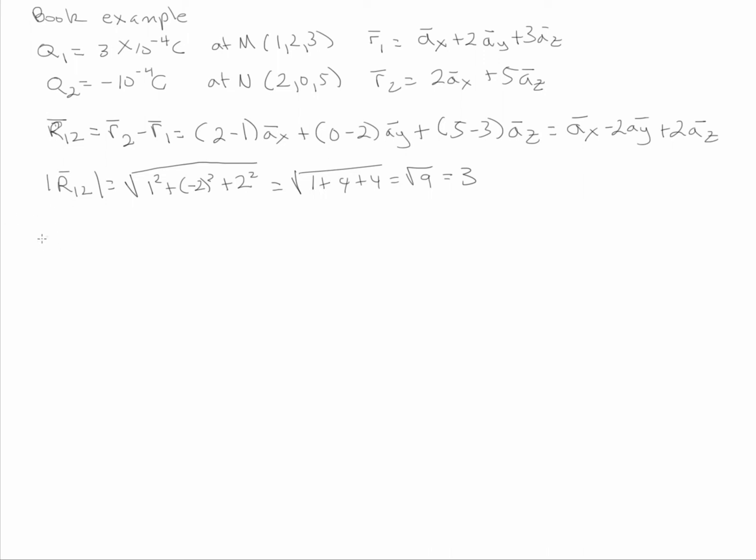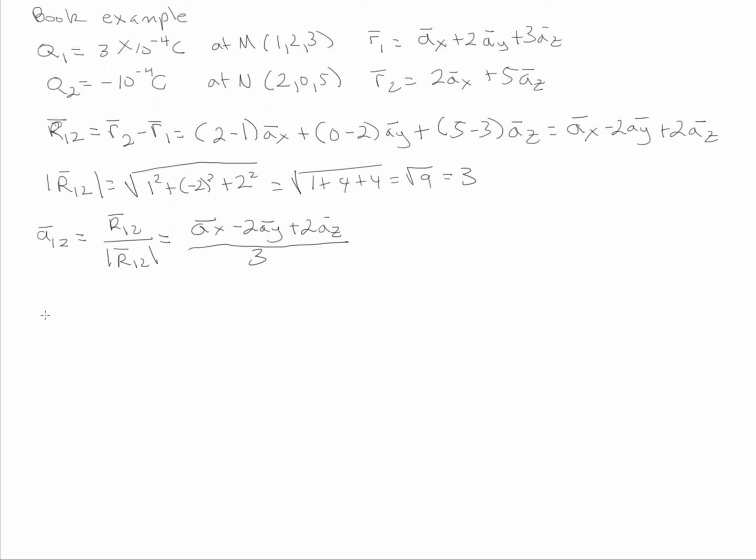And we didn't calculate what our A12 is. We'll write it one more way: R12 divided by the magnitude of R12. Well, R12 was AX minus 2AY plus 2AZ, and then we'll divide it by the magnitude, which is 3. So now we have everything.